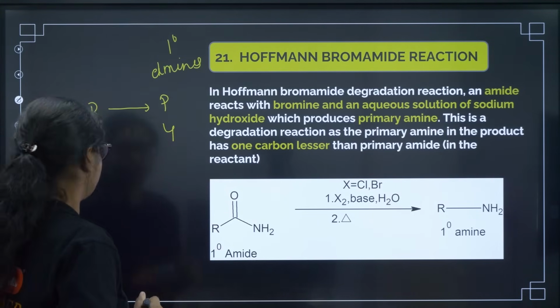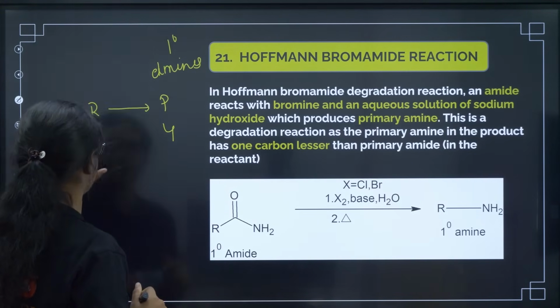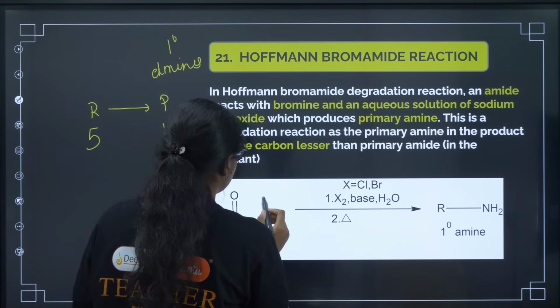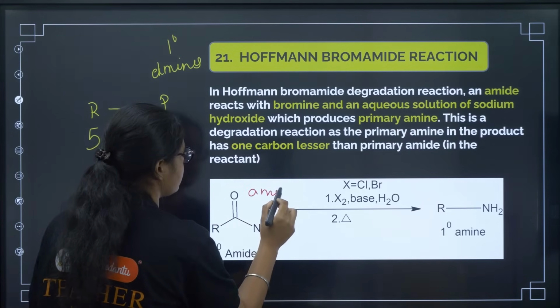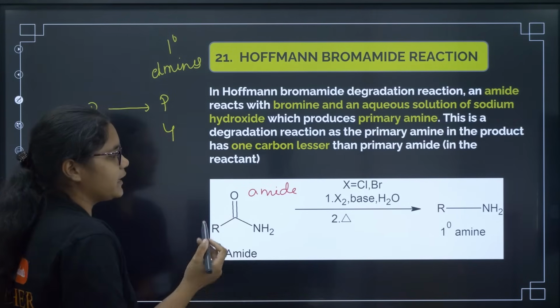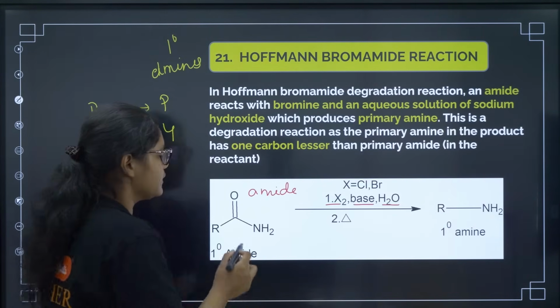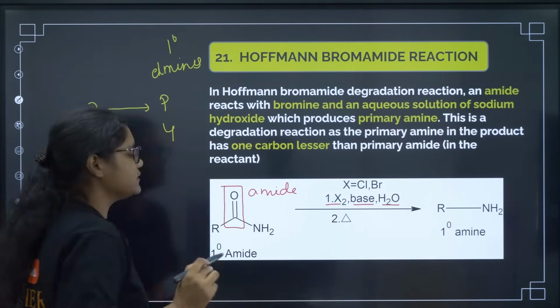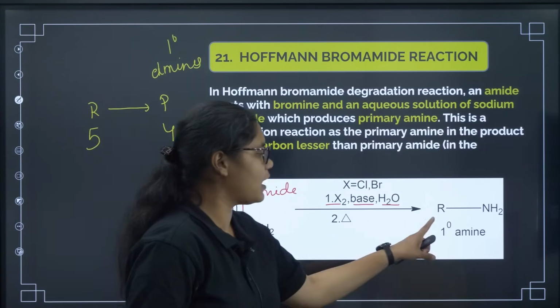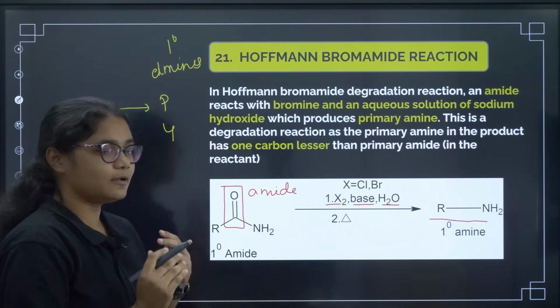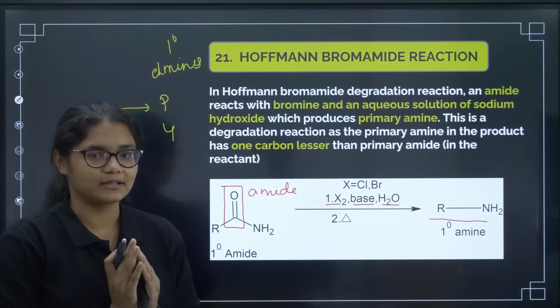Okay, so what is the reactant here? We have to take any amide. Okay, amide is treated with X2, a base and water, and then if you heat it, this part is removed and we will get RNH2. Okay, so primary amines alone can be synthesized from this method.